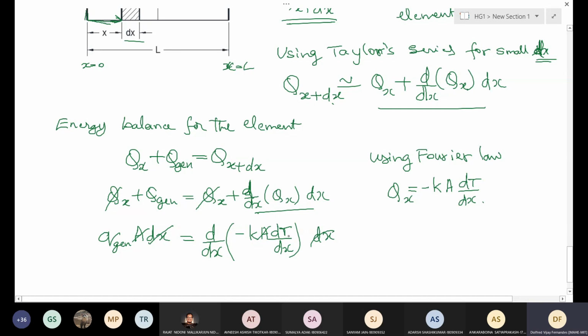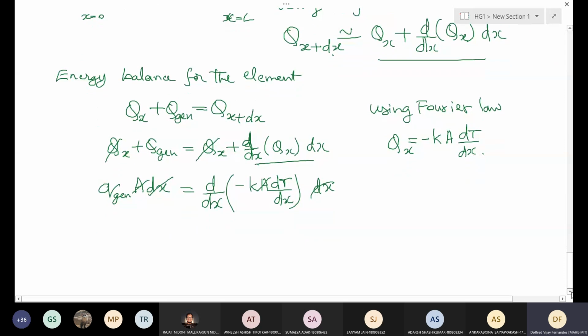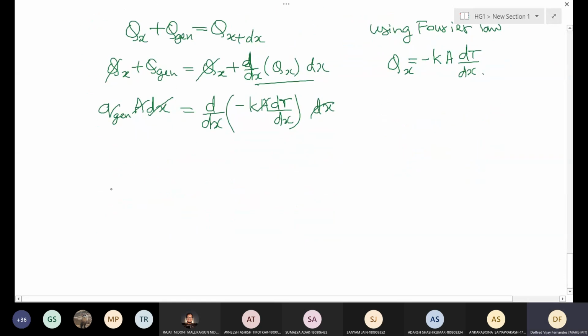Simplify. Assuming the thermal conductivity is constant, we can take it out and write k d squared T by dx squared plus q generation equal to 0.